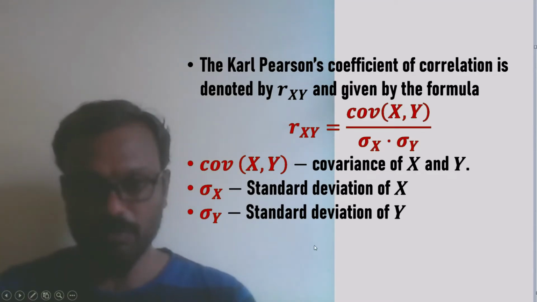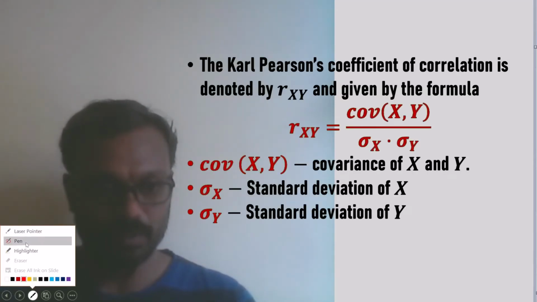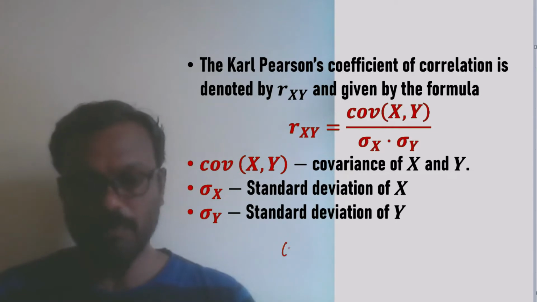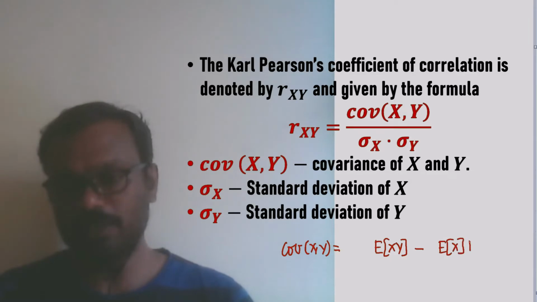So here we know the formula to get covariance. The covariance of x comma y is the expectation of xy minus the expectation of x into the expectation of y.